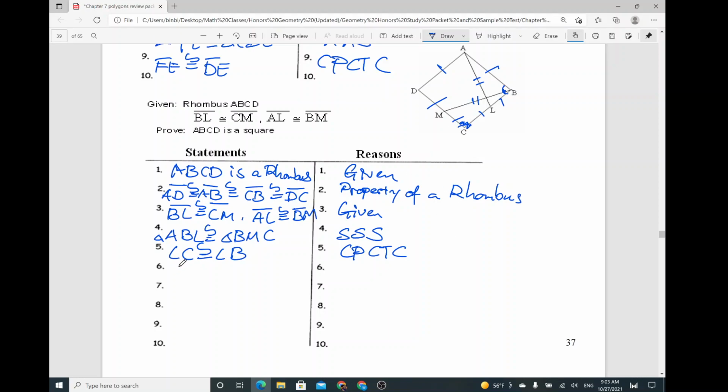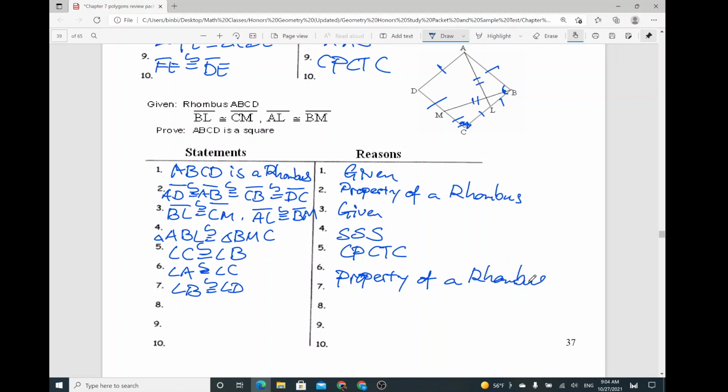And also we can say that the opposite angle, angle A, is congruent to angle C, and also angle B is congruent to angle D. The reason for that is by using the property of a rhombus, because the opposite angles are always congruent.